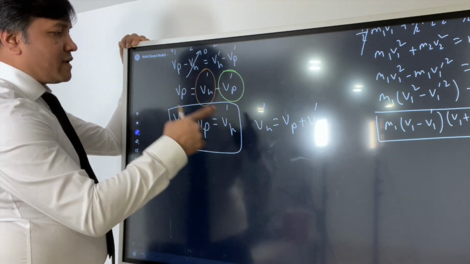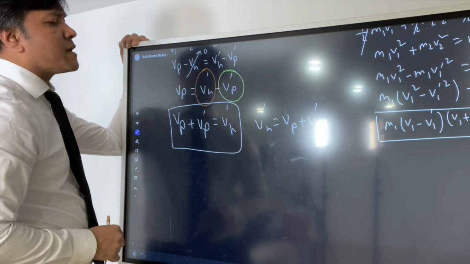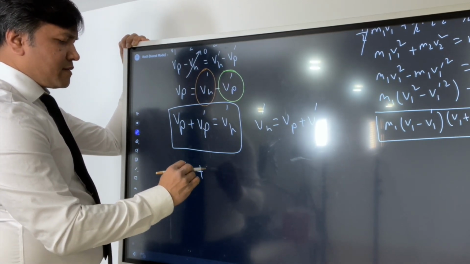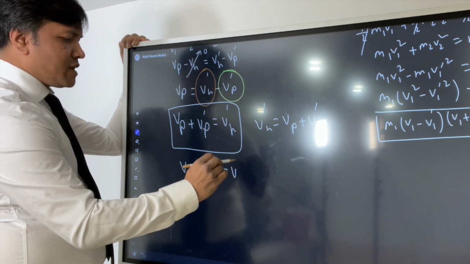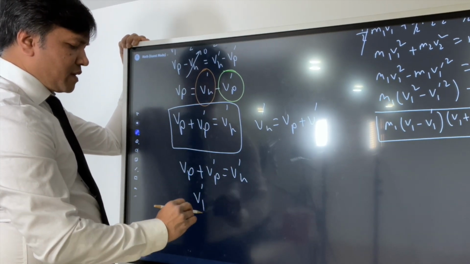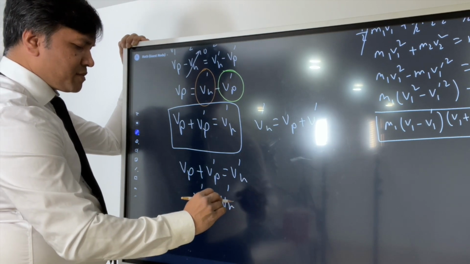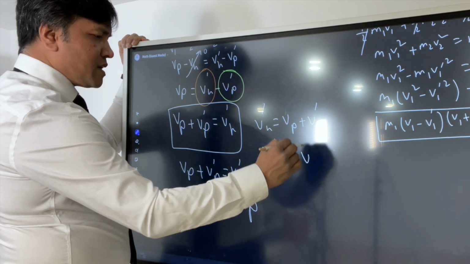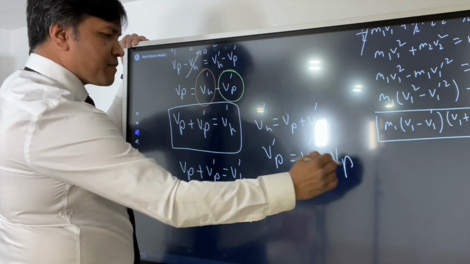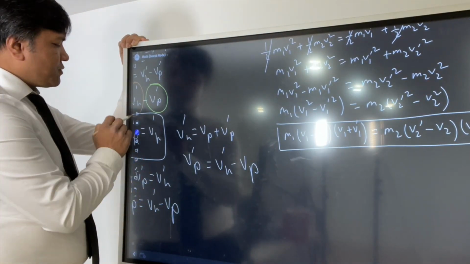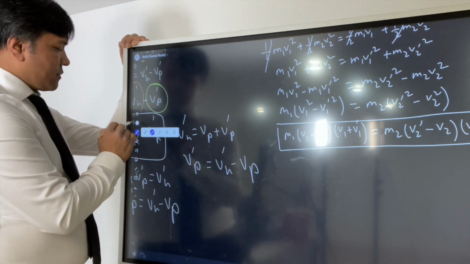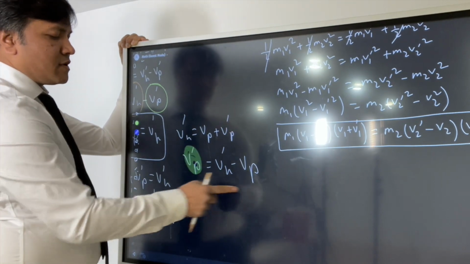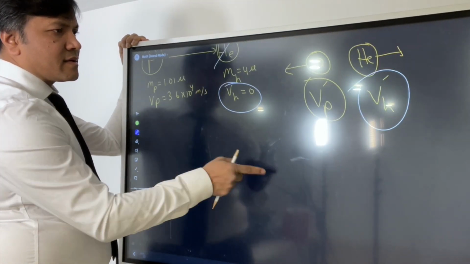Now we have to have the other one, V prime P. So let's bring VP plus V prime P is equal to V prime H. So V prime P is equal to V prime H minus VP. Why do we have to do the V prime P? Because look at here, V prime P.